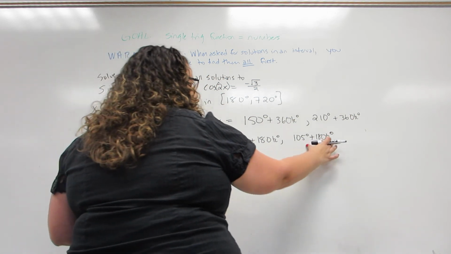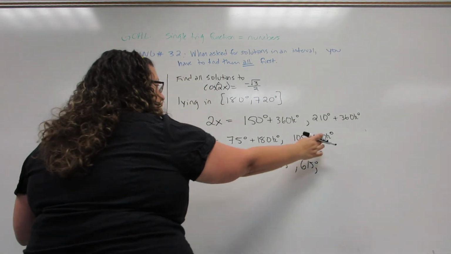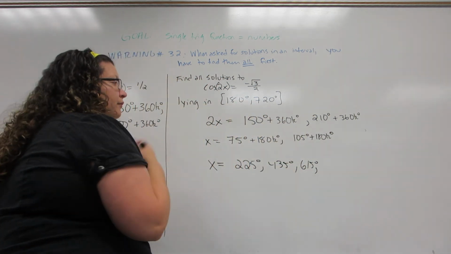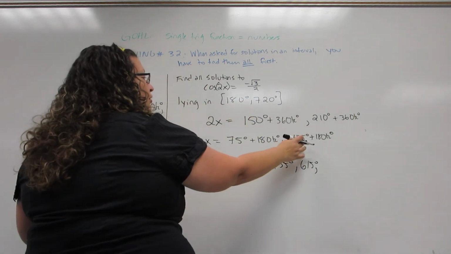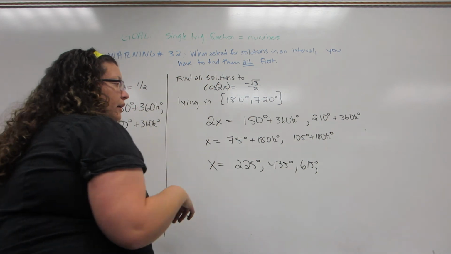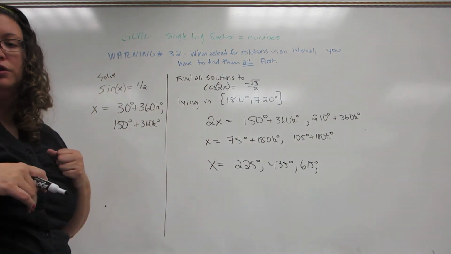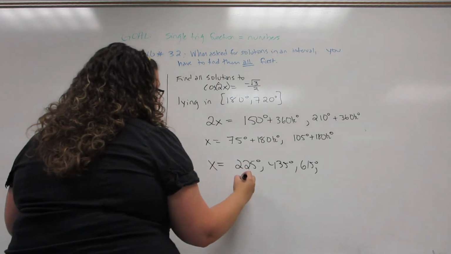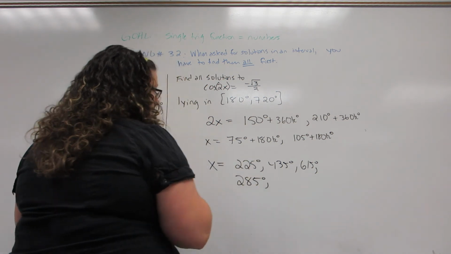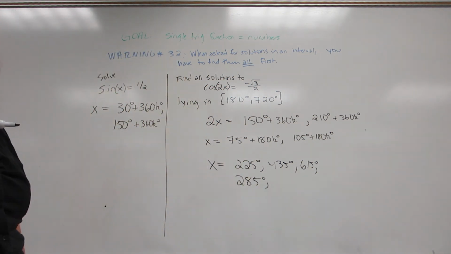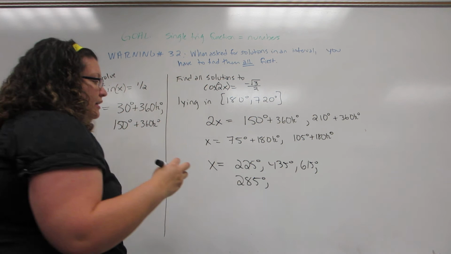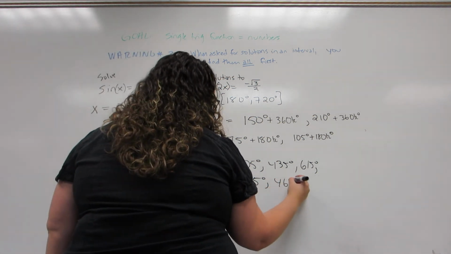Now I'm going to go to this one. I plug in k equals 0, I get 105, answer is no. I plug in k equals 1, okay, I get 285, answer is yes. So it gets written down. I plug in k equals 2, I get 465, yes.